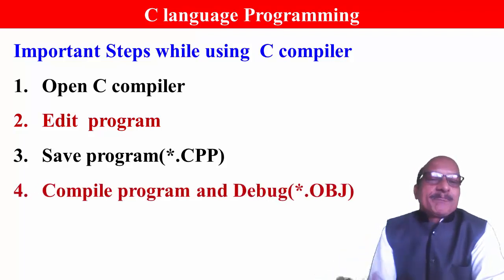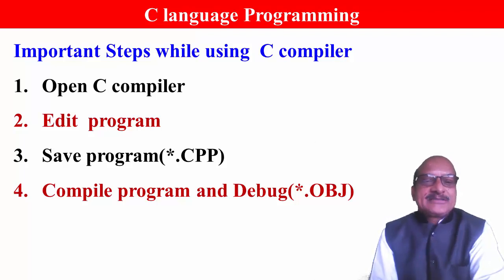Then you have to compile your program and debug. During the compilation process, if you have not written the instructions as per the syntax of C language programming, or as per the grammar of the C language, then the compiler will prompt you with error messages. So you have to remove those errors.